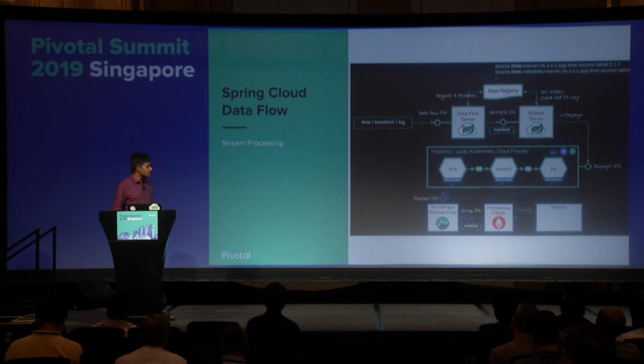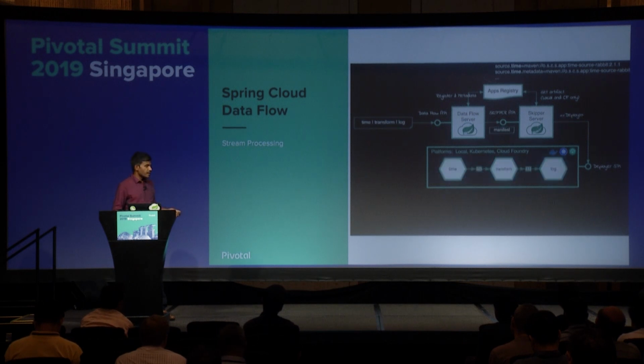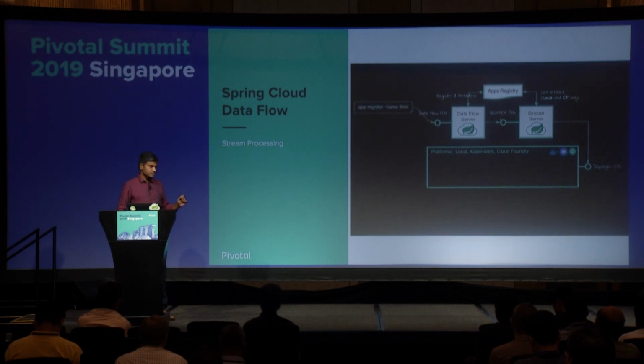When the request is sent to the Dataflow server, it submits a package manifest request to the Skipper server. And like I pointed out earlier, the Skipper server is responsible for the lifecycle management of streaming operations. If you want to update the stream while it is deployed, you can do that. If you want to choose a specific version of a stream, you can choose it from the Dataflow server using Skipper.